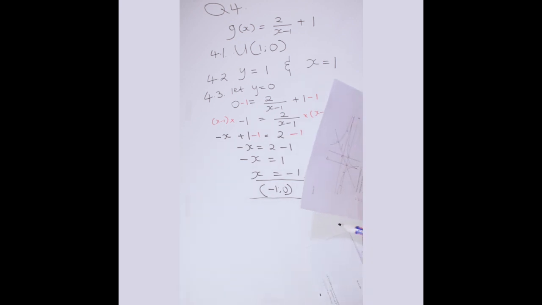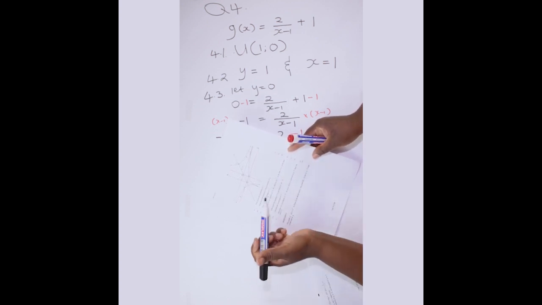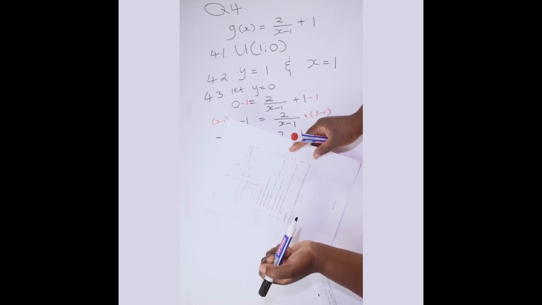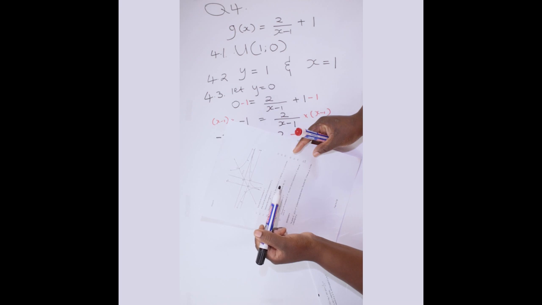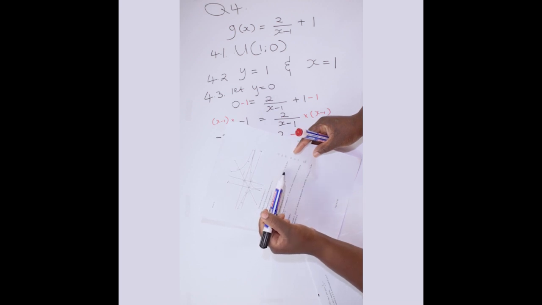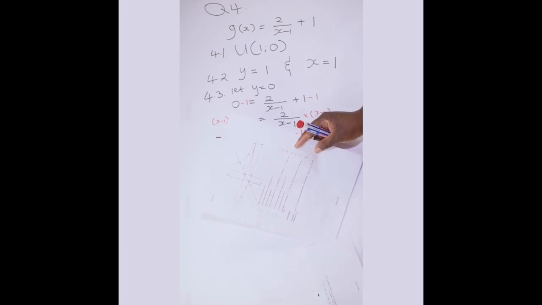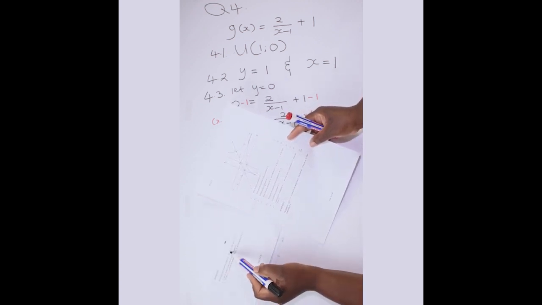Then we go to question 4.4. They're saying write down the equation of h. Now, you don't have h shown here, but they're saying h is the reflection of f in the line y equals x. Remember, the equation of f is log base 5 of x, or log x with base 5.